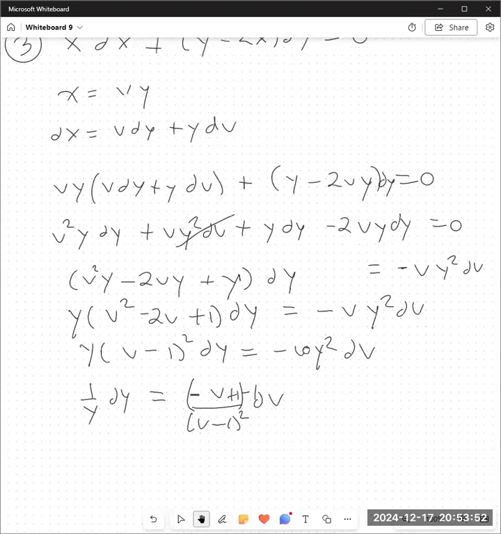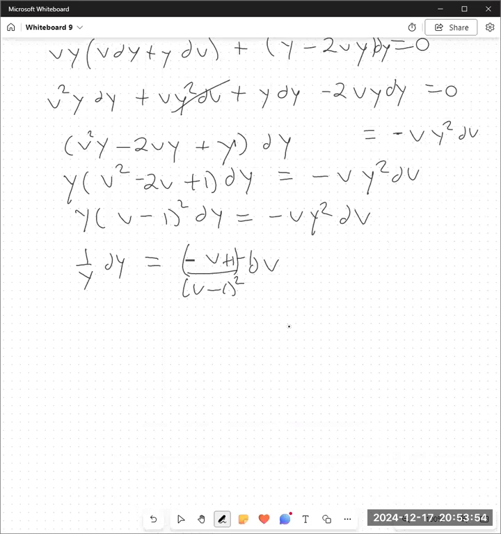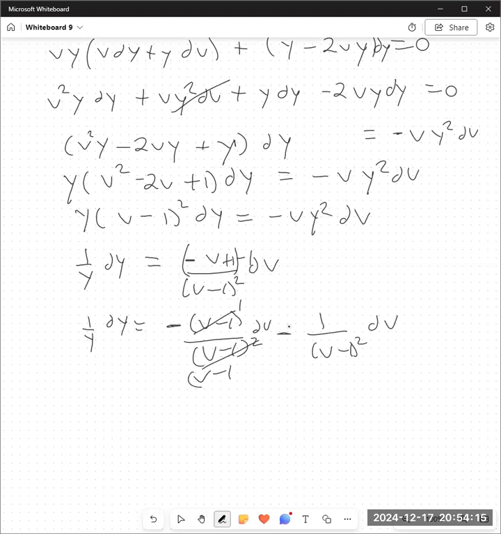So I'm going to make this 1 over y dy is equal to a negative v minus 1 over v minus 1 squared minus 1 over v minus 1 squared dv, and 1 over v minus 1.